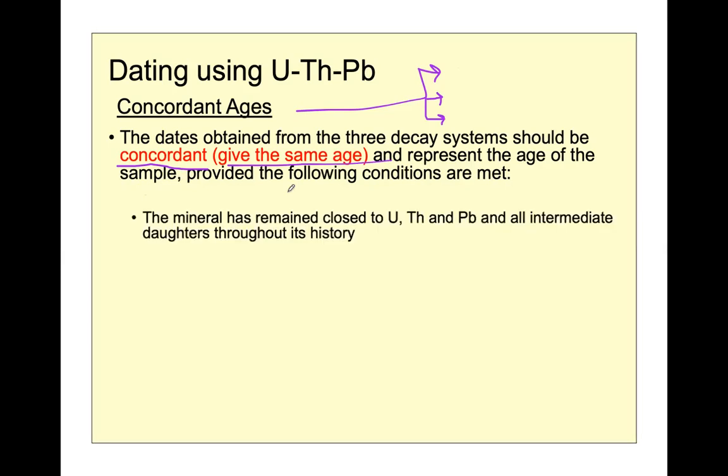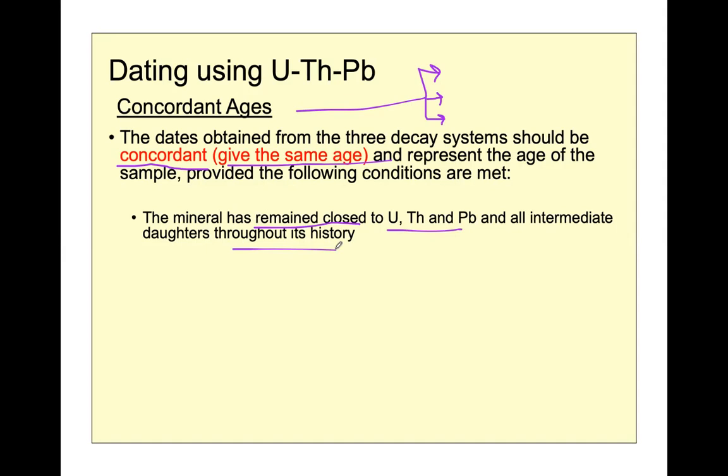Right? So to give a concordant age, whatever the material or mineral you are measuring, or even the whole rock, it should have remained closed for uranium, thorium, and lead throughout its history. There shouldn't have been any exchange of uranium, thorium, and lead in the system.